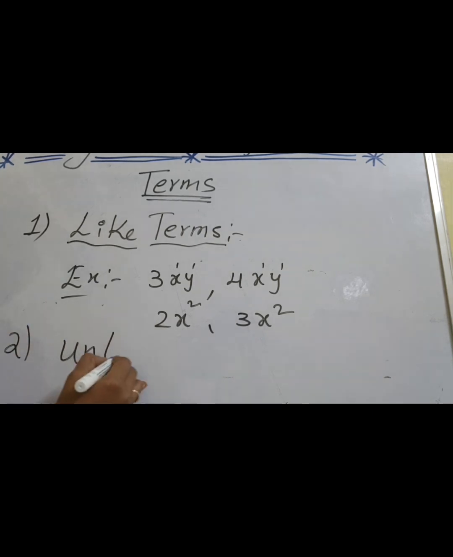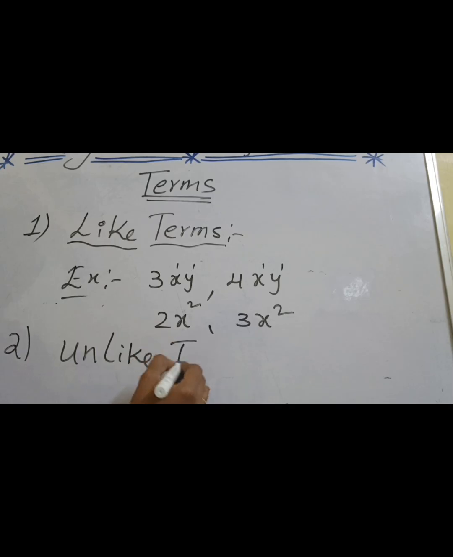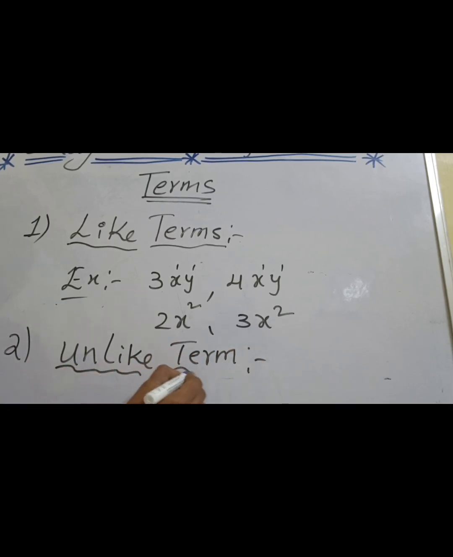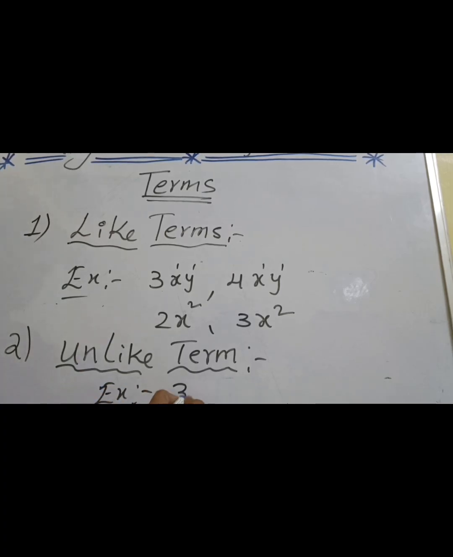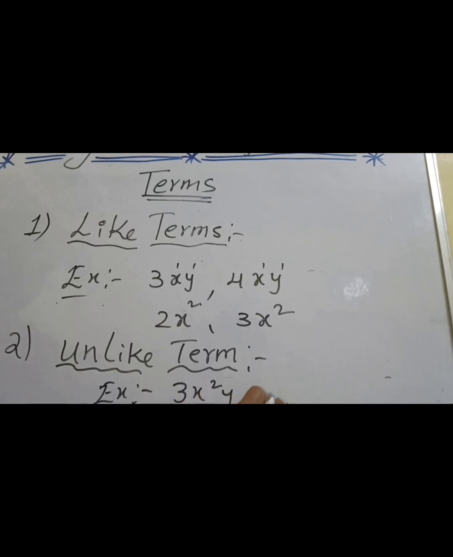Next, let us see the second one: unlike terms. What are unlike terms? Unlike terms are nothing but the terms which have different variables or different exponents. For example, 3x square y and 2xy square.